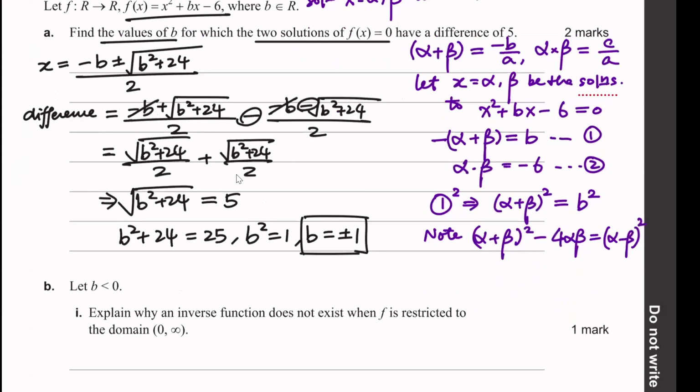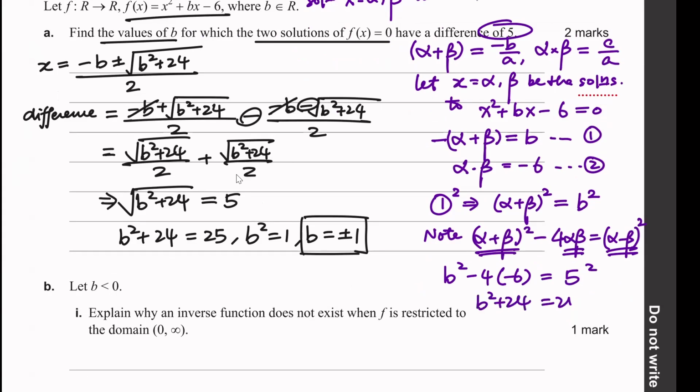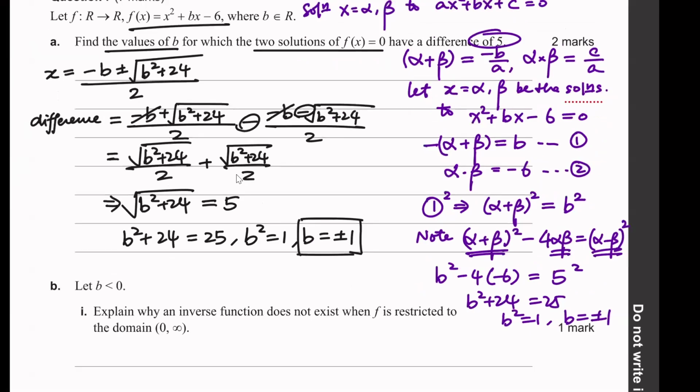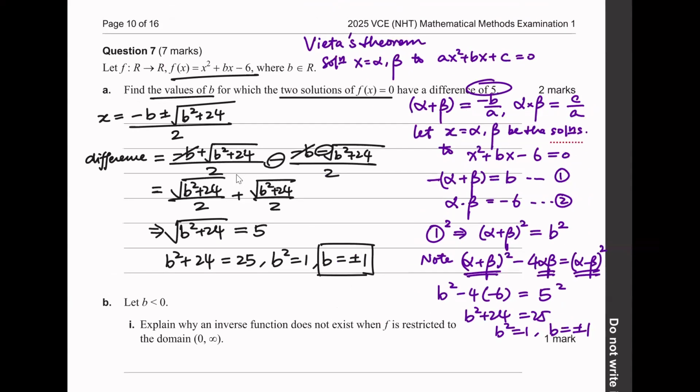And then you say, okay, this bit is b squared, and minus 4 times alpha beta, that's minus 6, equals to alpha minus beta, that is a difference of 5. So you can say 5 squared. Therefore, b squared plus 24 equals to 25, and b squared equals to 1. So b equals to plus minus 1. Something along these lines. Yep, it's also a possible method, but less common to most of the VCE students.